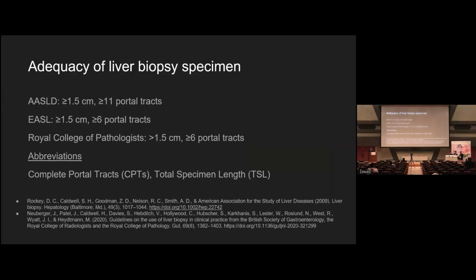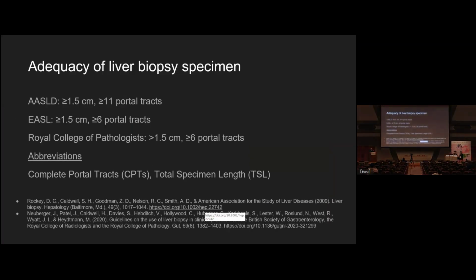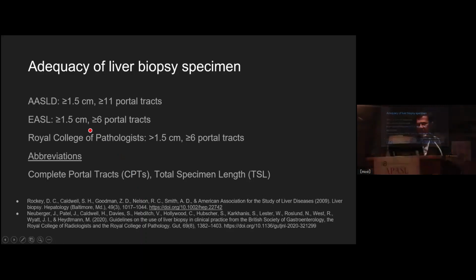So when we talk about the adequacy of the liver biopsy specimen, particularly from the liver parenchyma, we have definitions. From AASLD, 1.5 centimeter total specimen length and more than 11 portal tracts. EASL and the Royal College of Pathologists have a slightly different definition.